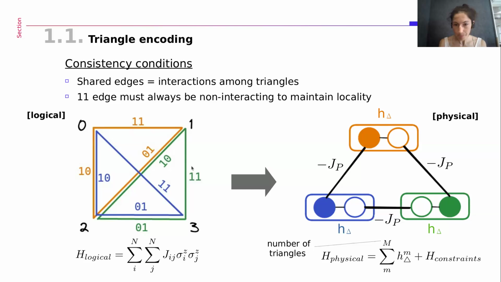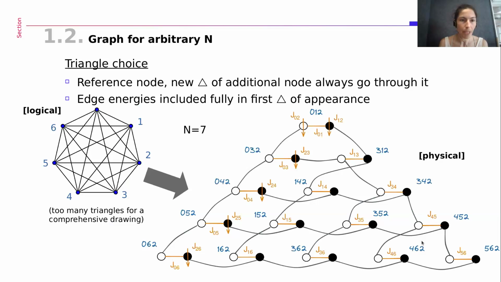But once we do this, which we can always do, and I will talk about a way in which we will do it later, then you have this mapping between a logical all-to-all connected problem onto a physical problem that you can potentially embed in your device that is way sparser, as you can see, and just involves the cost function, which is given by the individual triangle energies, which we defined before, plus the constraints that make them consistent.